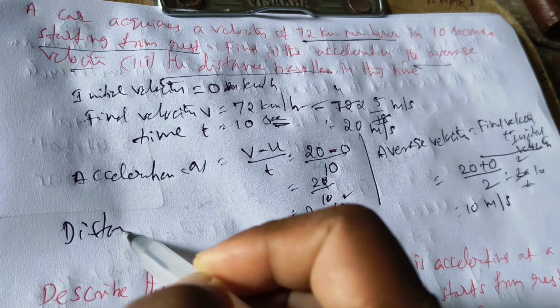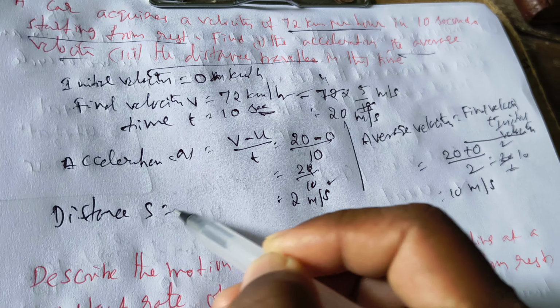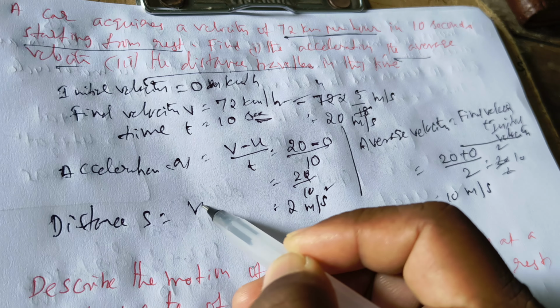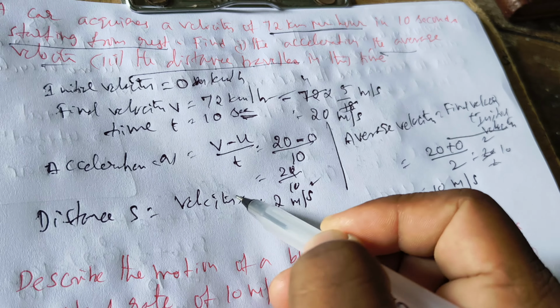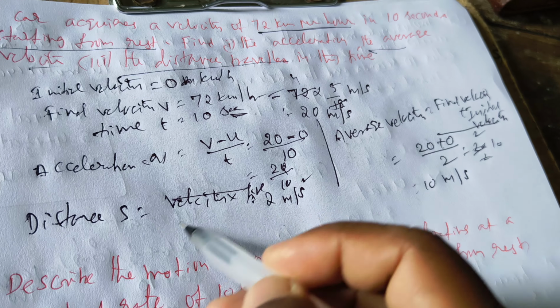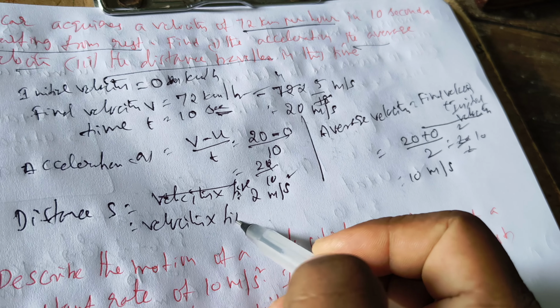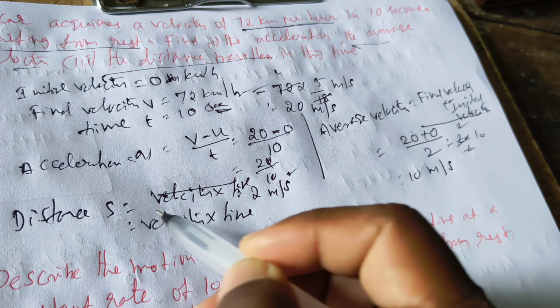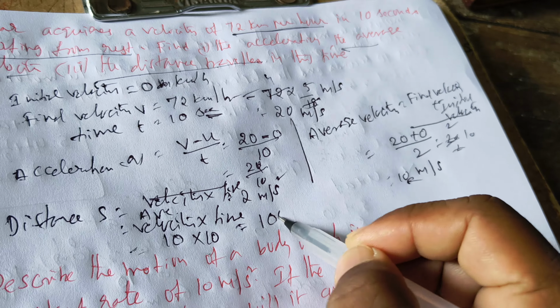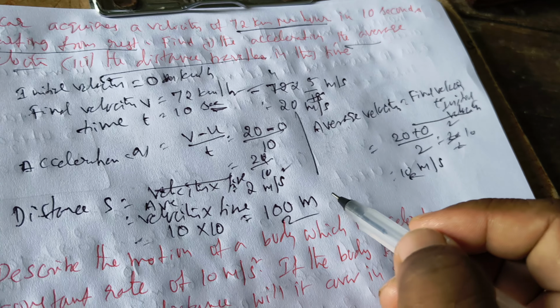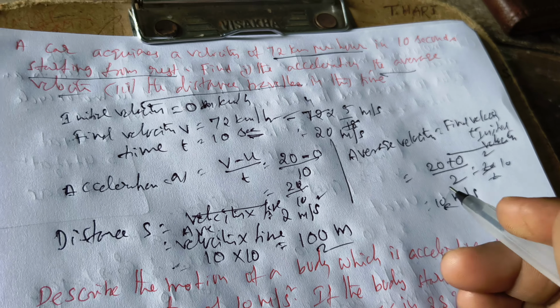So distance traveled, S, is equal to, we know, velocity into time. It means average velocity into time. Average velocity 10, into time 10 seconds, 10 into 10, that equals 100 meters.